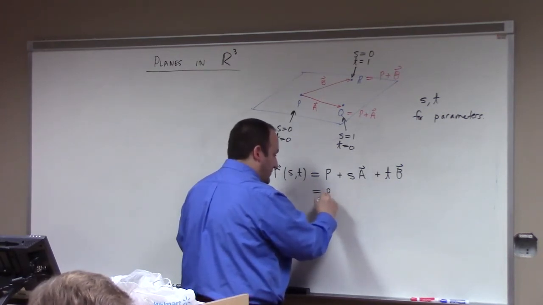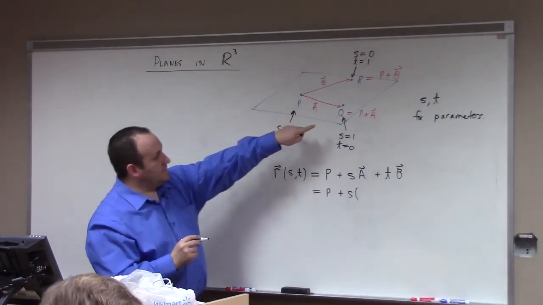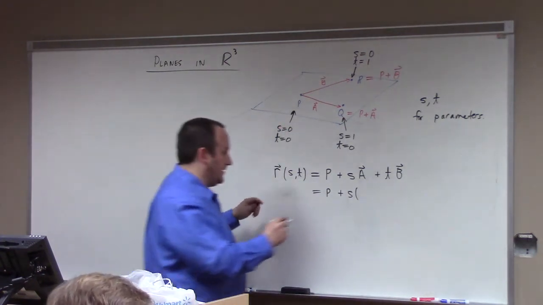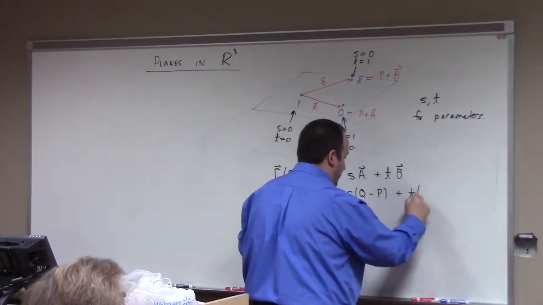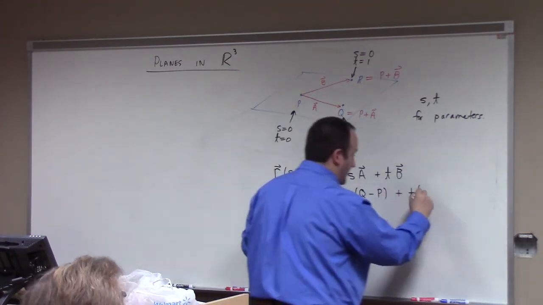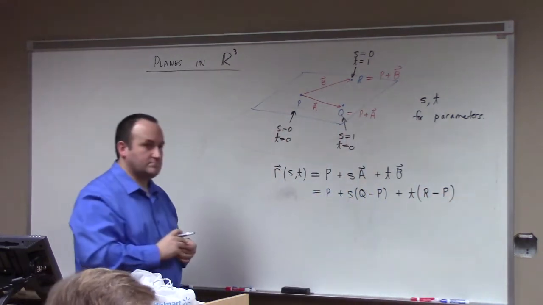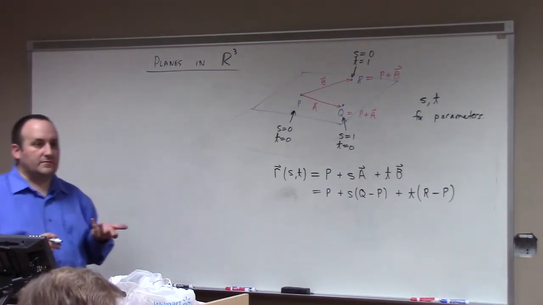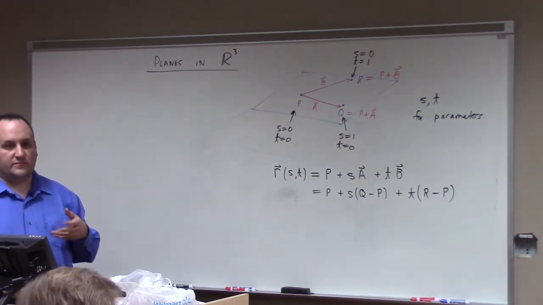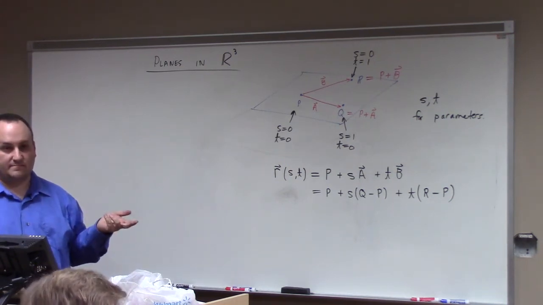Now let me give you a slightly more pointed formula. P plus S times what is A? It's Q minus P, right? And that's T times what? R minus P. So this is the natural generalization of that 2-point formula I showed you to parameterize a line yesterday.